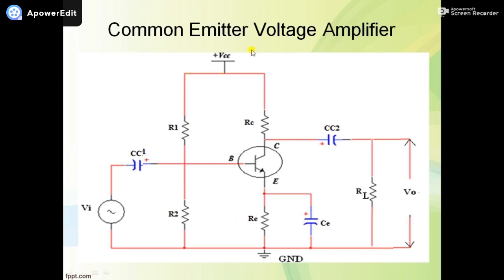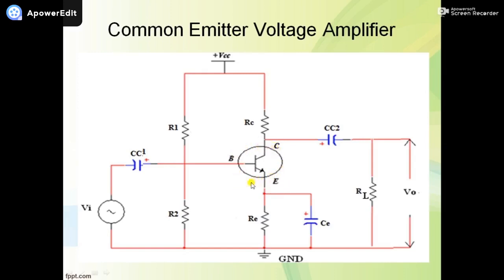So this is the common emitter voltage amplifier circuit. This is an NPN transistor. We are using an SL type of NPN transistor, and it has three terminals: emitter, base and collector.